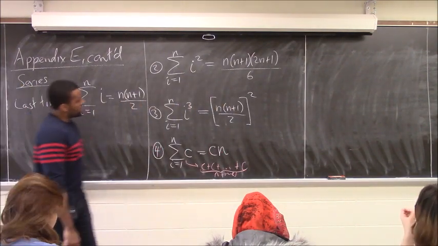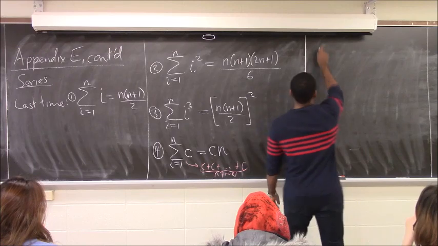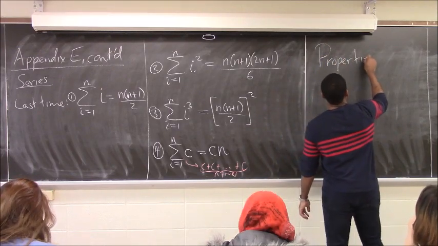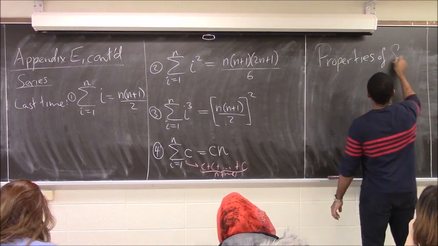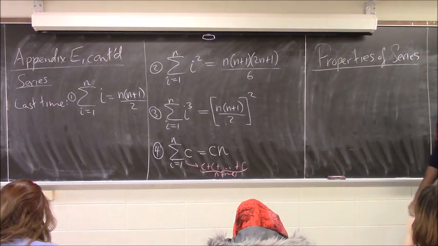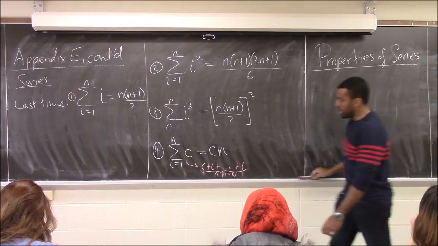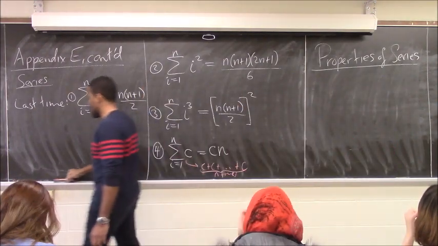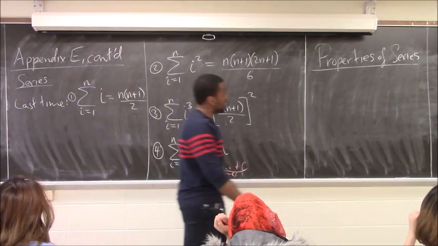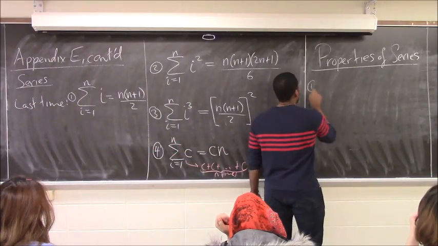To go into what we want to talk about, we also want to talk about some properties of series. By properties, we mean how do they work under arithmetic? If I'm thinking of the series themselves as objects, can I do arithmetic with these objects? Turns out we can to some extent.